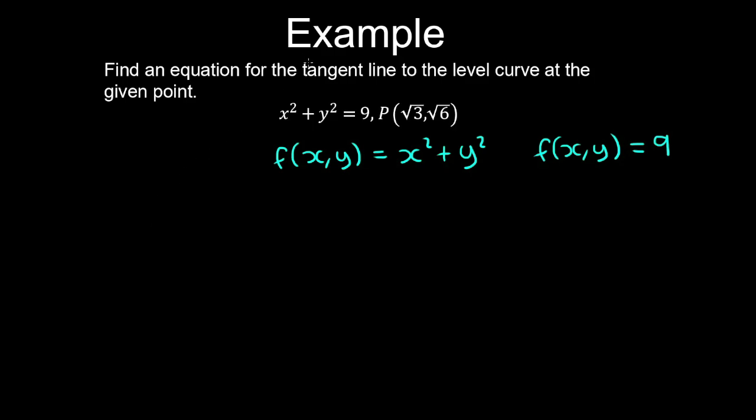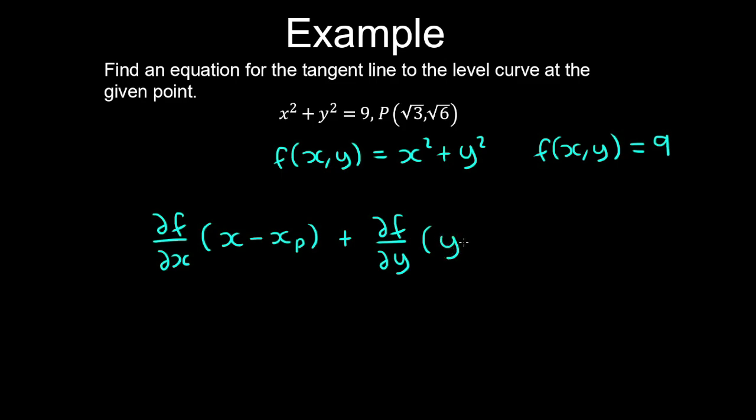And recall the equation of the tangent line is the partial derivative with respect to x by x minus the x coordinate of the point on the tangent line plus the partial with respect to y by y minus the y coordinate of the point on a tangent line, and that's equal to 0.